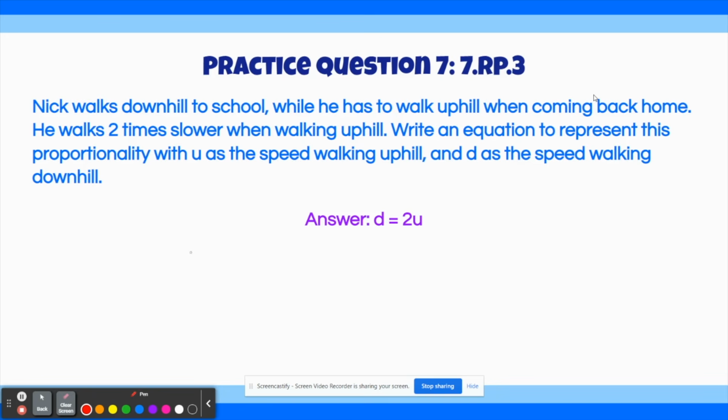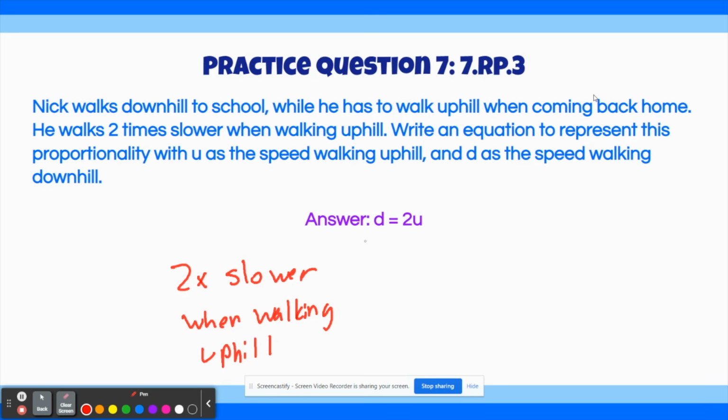Alright, so to solve this problem, we first need to remember that he is 2 times slower when walking uphill.